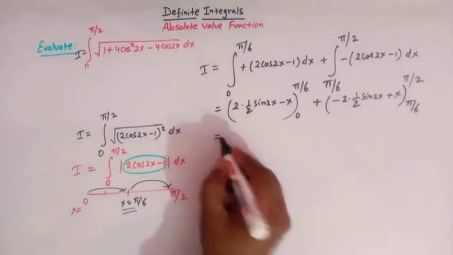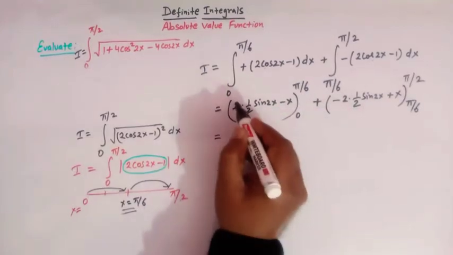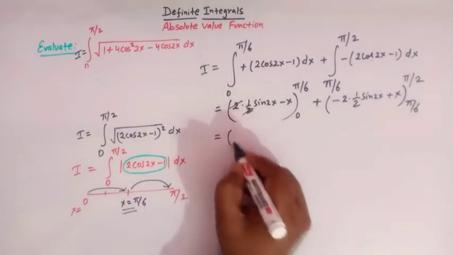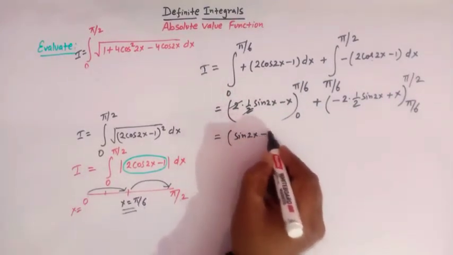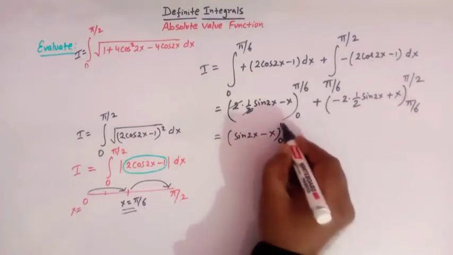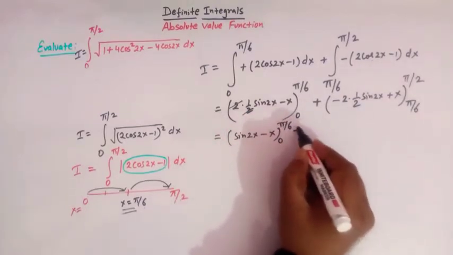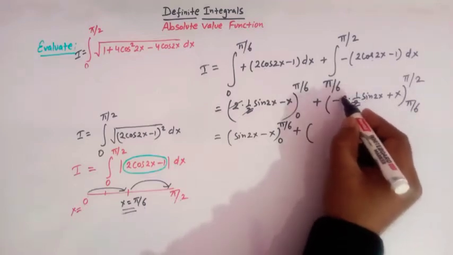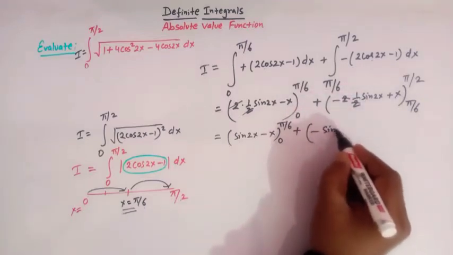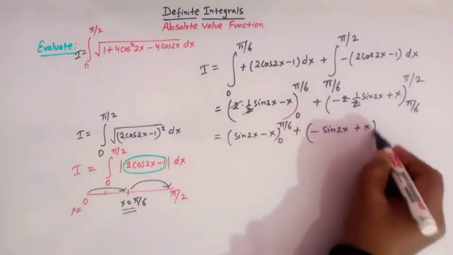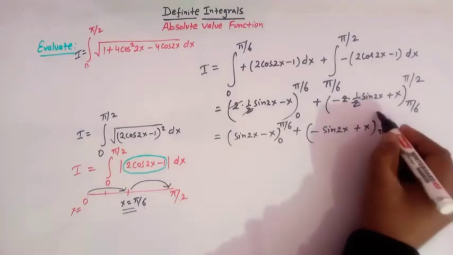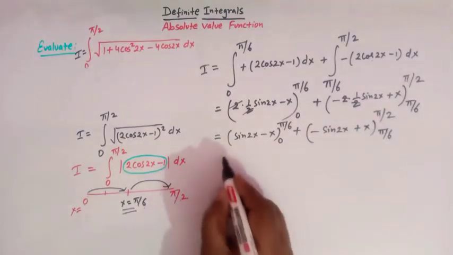So now we can write this expression as, 2 and 2 get cancelled, so we have sine 2x minus x from 0 to pi by 6, and here 2 gets cancelled, we have minus sine 2x plus x, and the limits are from pi by 6 to pi by 2, right?